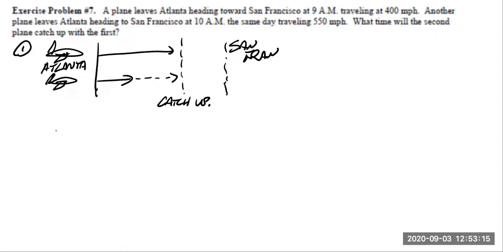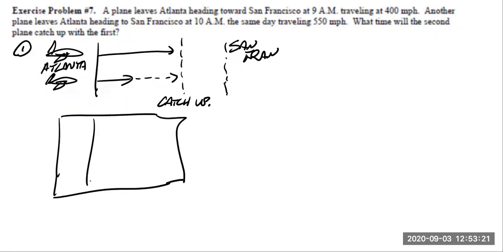So we know we have to organize the information for both planes. So I'm going to make a chart with rate, time, and distance for the first plane. And that plane left at 9 a.m., right? I'll just put that up here too.